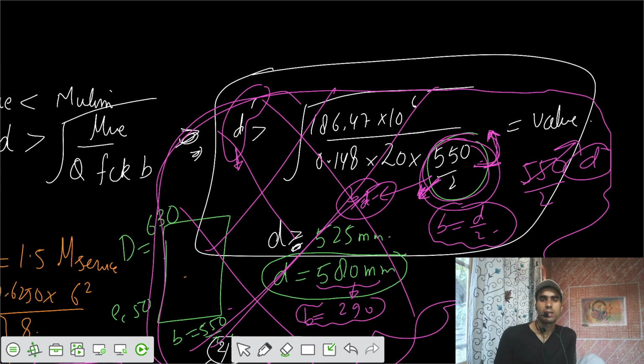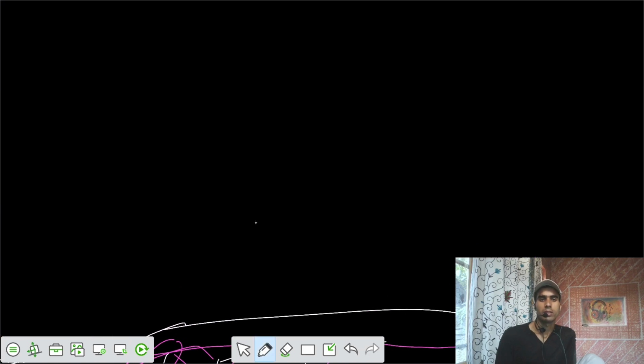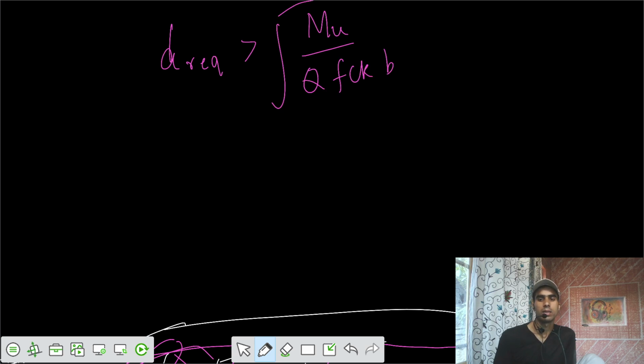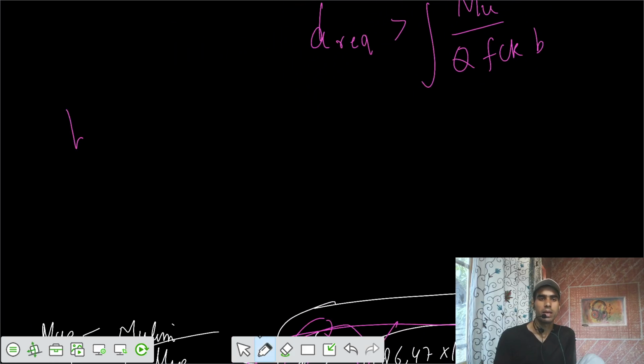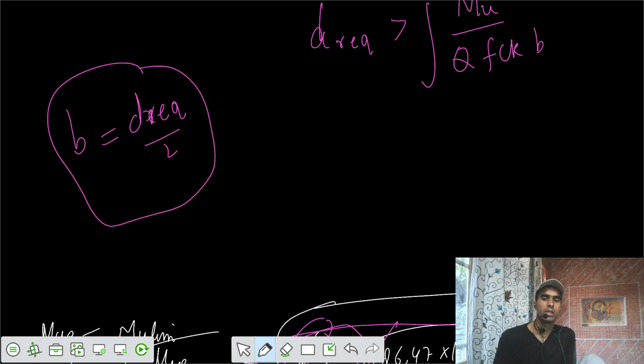So let's say the correct way would be in this fashion, that d required should be greater than root of Mu by Q times fck b. This is the correct way. Then we have to substitute the value of b as d required by 2.